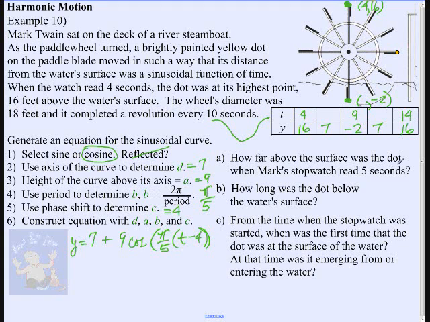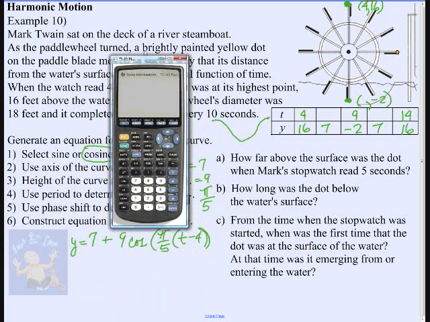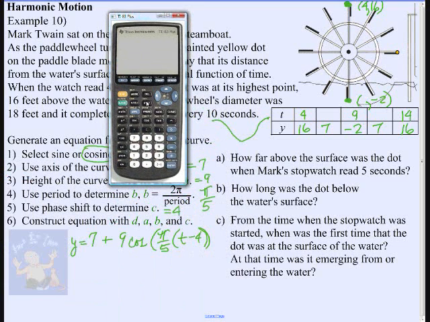How far above the surface was the dot when Mark's stopwatch read 5 seconds? Well, let's pull out a calculator here, adjust our window. Let's still go from 0, and our max is now going to be 14.